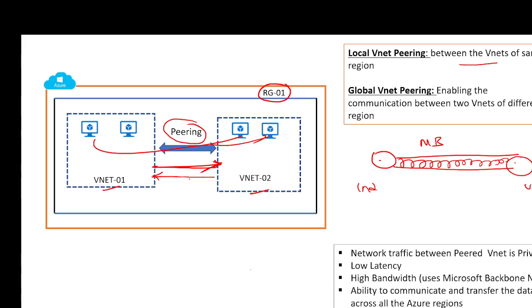The other way you cannot connect if it is non-transitive. Then you have to create the connection at both the Vnets. But recently I enabled the connection on just one side, and I think it has become transitive. Anyway, we will check that tomorrow. In tomorrow's class I am going to do that, and I'll show you.